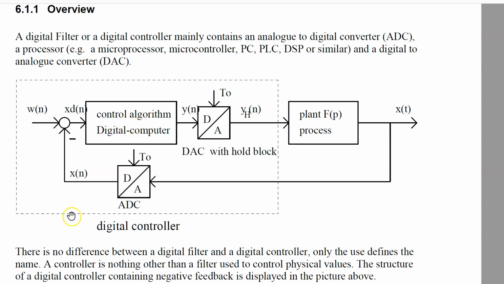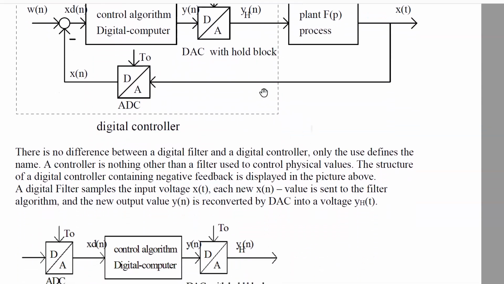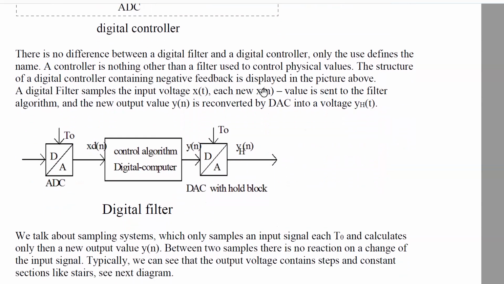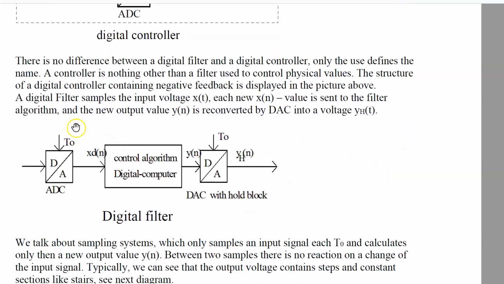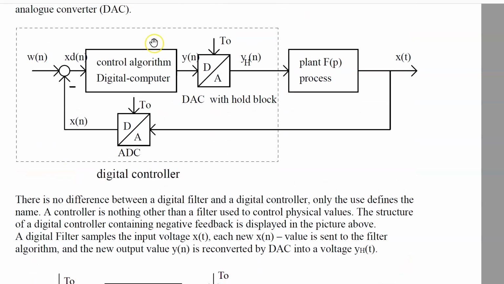If you see the dotted line here, then this, in a little bit different drawing, can also be used as a digital filter. There is an analog input converted into a digital value. The algorithm converts an output value, and this is converted back into an analog value. The hardware of the digital filter, as you can see, is exactly the same as the hardware of a digital controller.